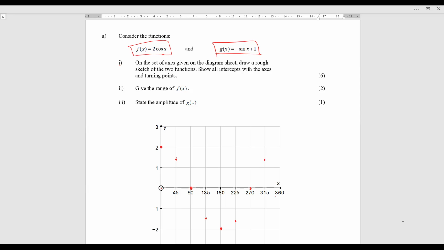Am I right? Yes, sir. And then we go to 360, we're back to 2. So we join all these points and we get the cos graph. And that's how you draw a cos graph for 3 marks.